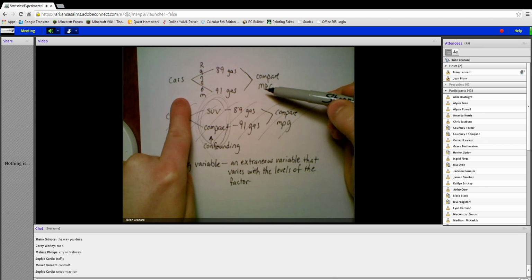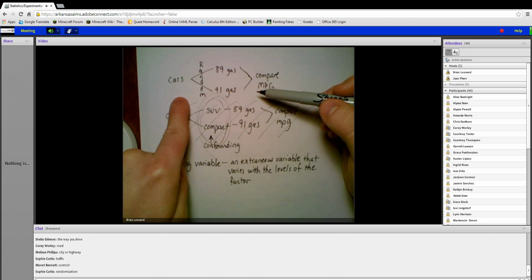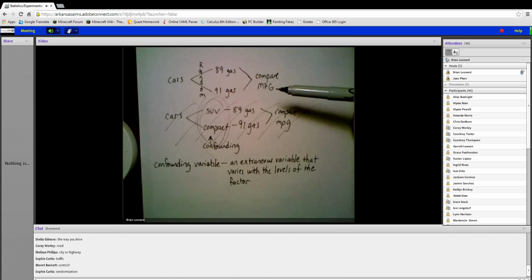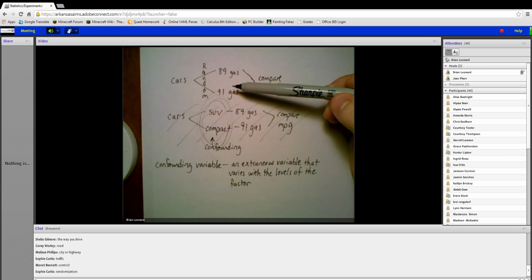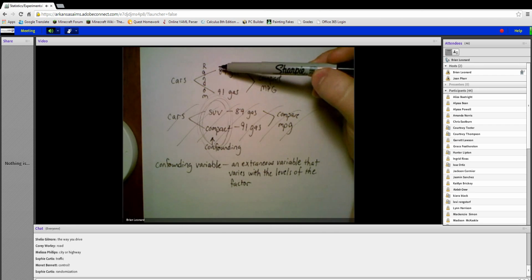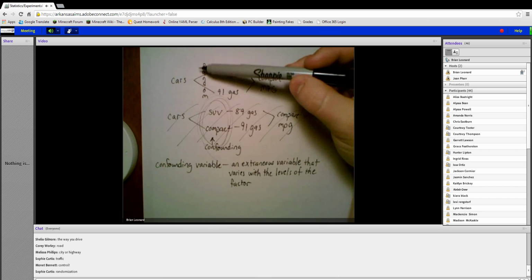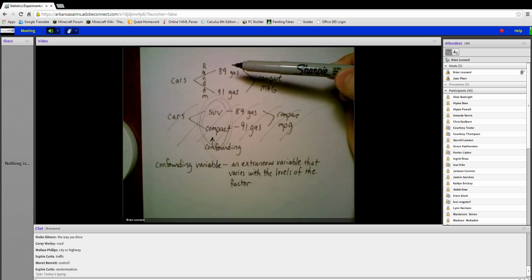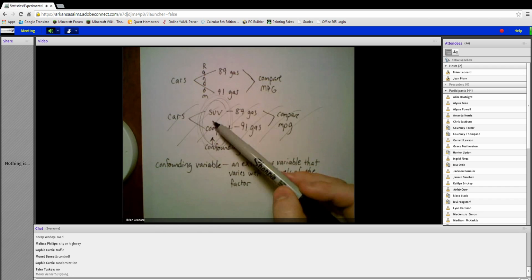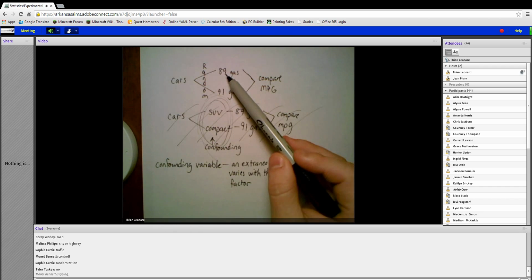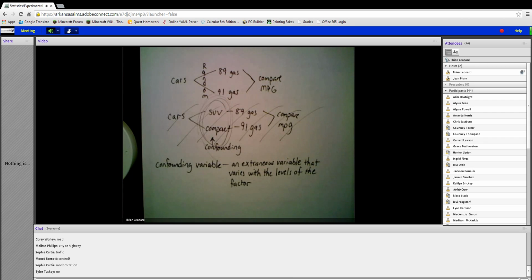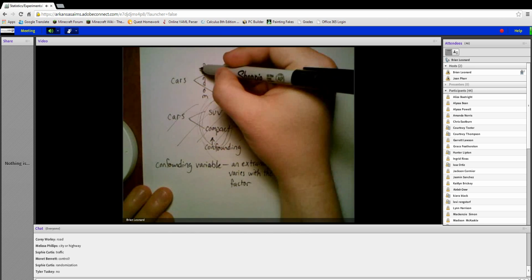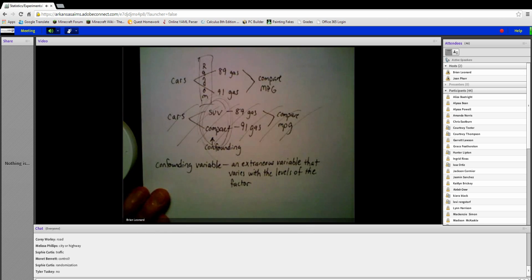Well, the answer is no, it's not confounding anymore, because if I randomly assign, are all SUVs going to be giving the 89 gas? No, we're going to have a mixture of those cars getting the 89 gas, and now I've evened out those effects. So that's why randomization is a powerful way of taking care of these confounding variables.